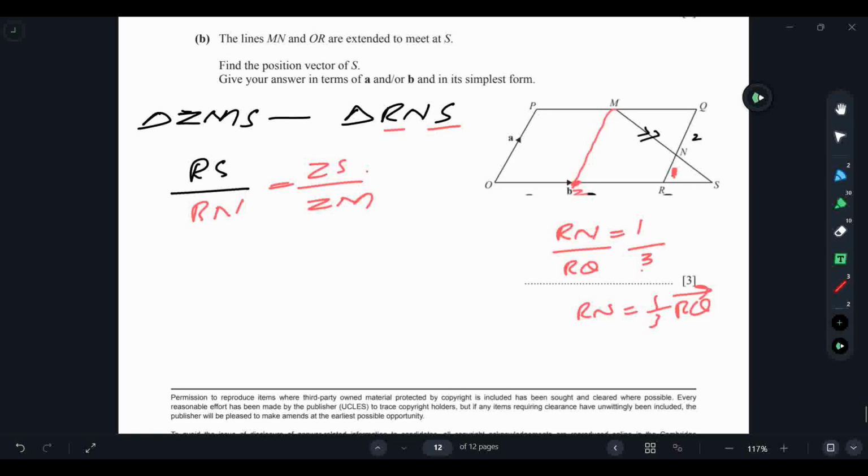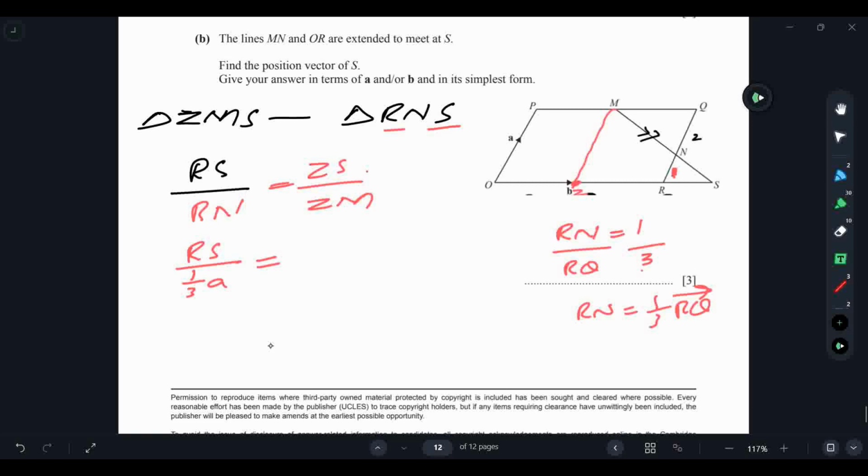We know that RQ is parallel to OP, so this will be equal to A. So RS divided by 1 by 3 A is equal to ZS.